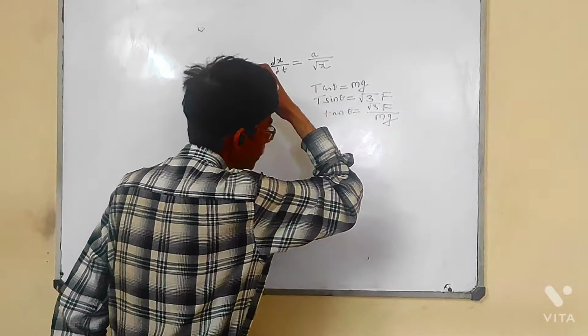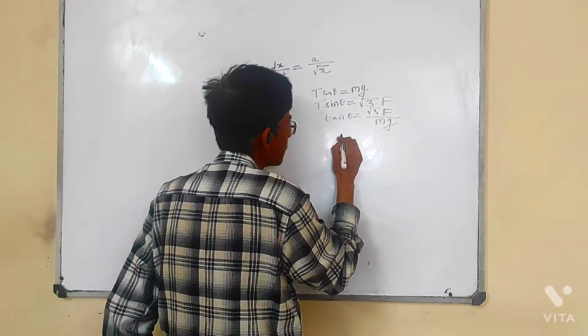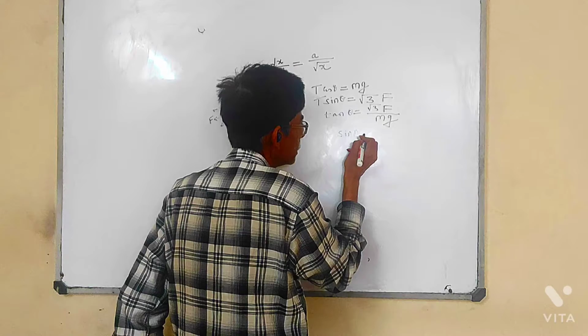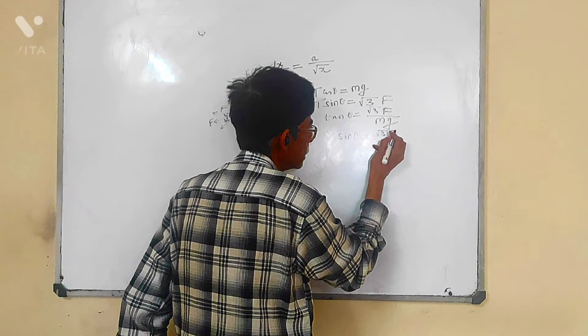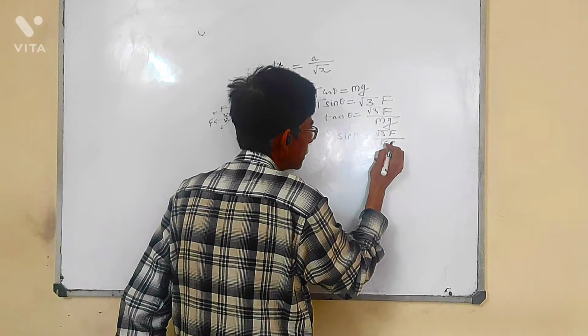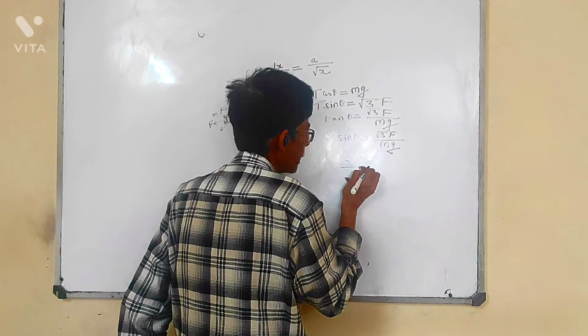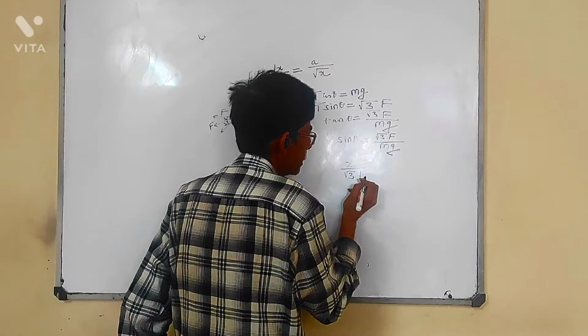Now theta is very small since x is very much less than L. So tan theta can be replaced by sin theta. Sin theta is x by root 3 L.